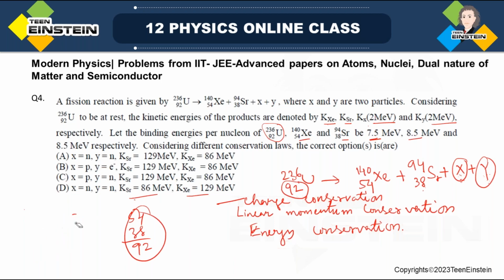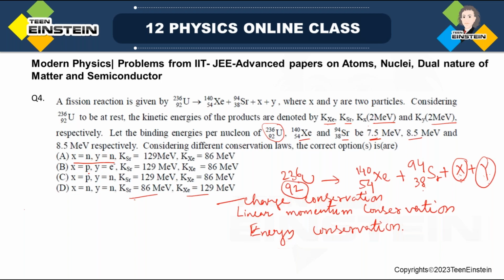So with charge conservation, the total charge of X and Y must be 0. In each case you see there are 2 neutrons, so from charge conservation we can say this is a possibility.